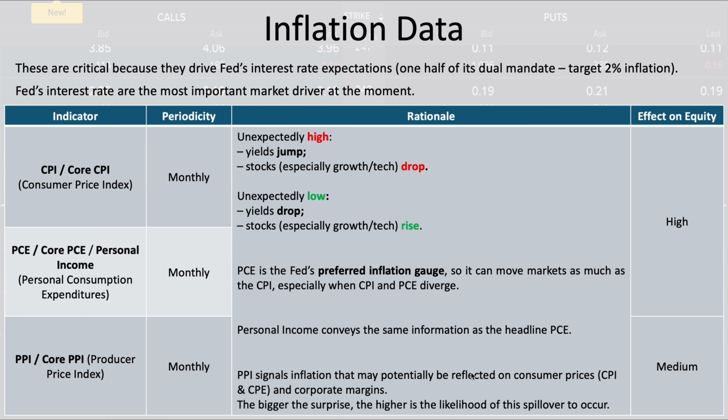And so yields tend to jump, and stocks, especially the ones more sensitive to interest rates, such as growth stocks and tech stocks, small caps as well, tend to drop. On the flip side, if the inflation comes cooler or lower than what is expected, the yields tend to go down for the same reason.